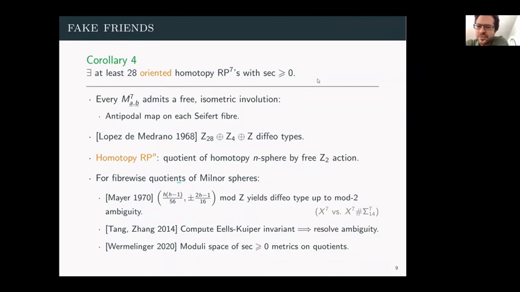Maybe just to elaborate on something that Wolfgang just asked you, if you just consider the moduli space for positive scalar curvature, you get infinitely many components on these, just with the S invariant, the classical thing? Well, we don't quite have the S invariant. The S invariant would be the right-hand side of the Eells-Kuiper invariant, this complicated thing just on the geometry of M, without the mod Z condition.